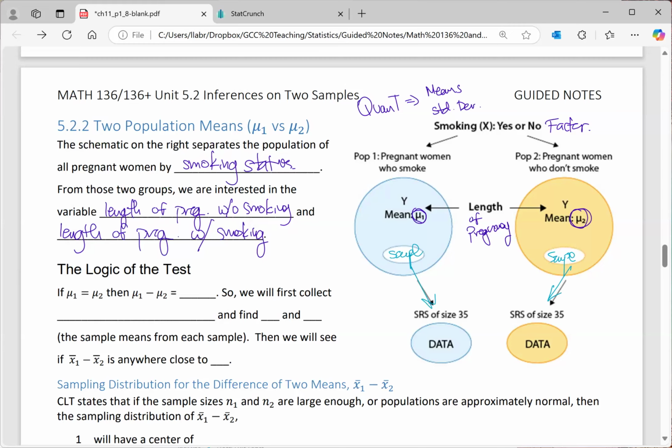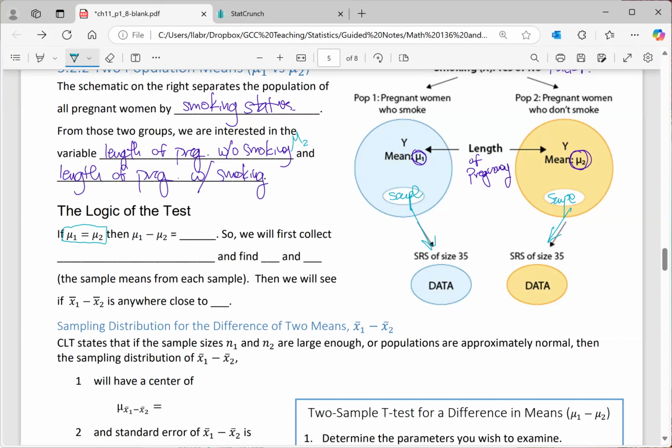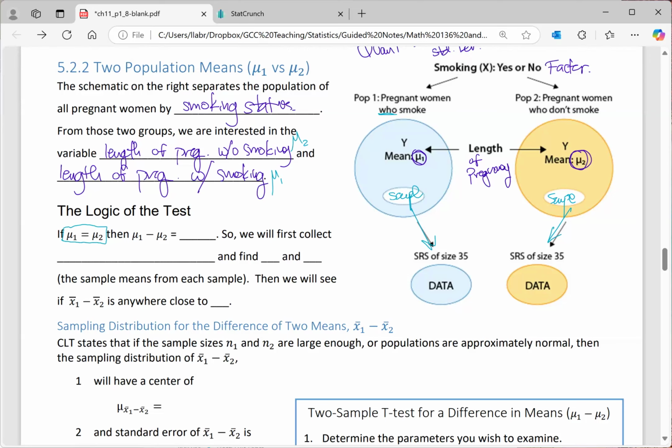Pretend that there is no difference between the length of the pregnancy for women who smoke and the length of the pregnancy for women who don't smoke. Therefore, mu1 is the same as mu2. This is mu2 without, and with is mu1. So if mu1 is equal to mu2, then if I subtract these, mu1 minus mu2, I get 0.